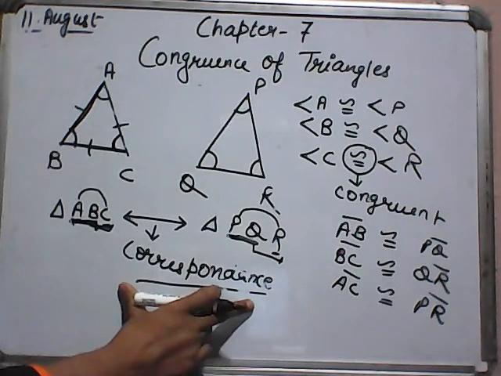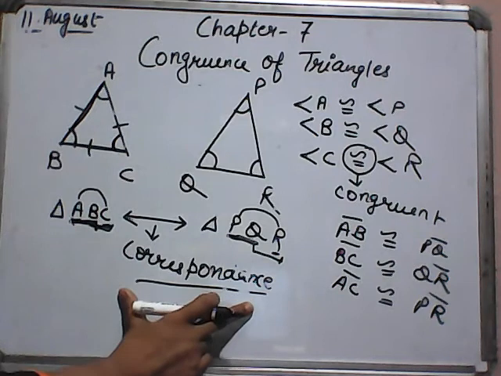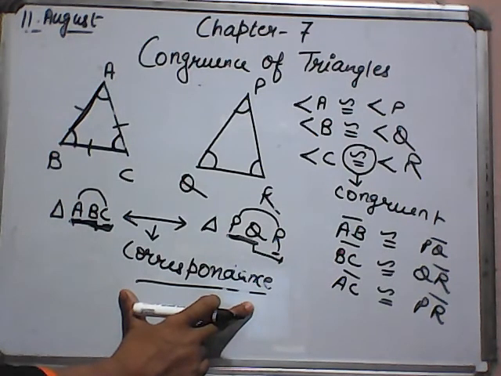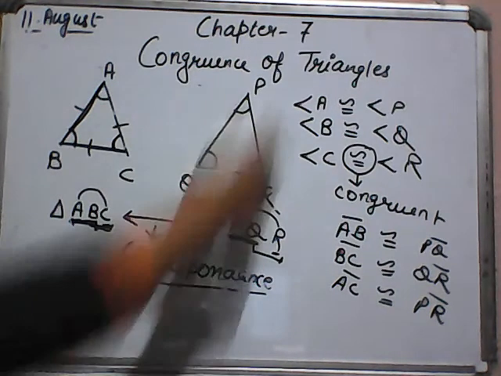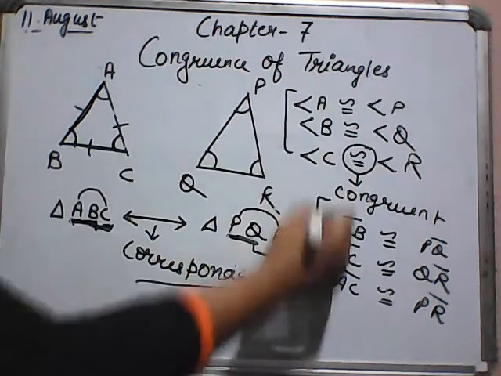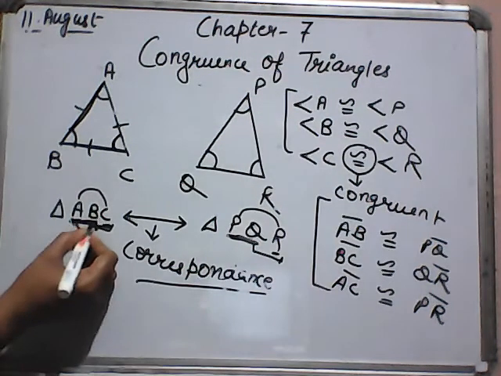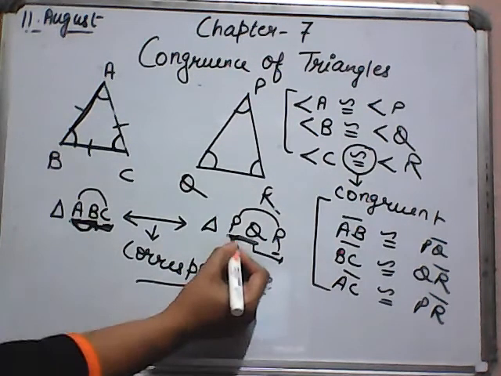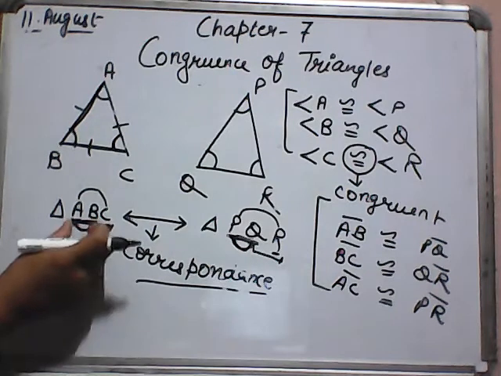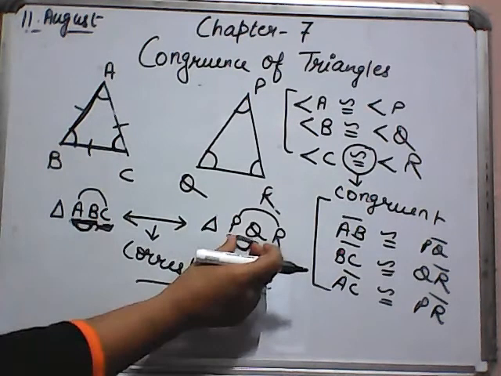Suppose this correspondence is given to you. You have to find out 6 pairs of corresponding three angles and 3 sides. First two vertices in the first triangle, first two vertices in another triangle: AB side is equal to PQ side.